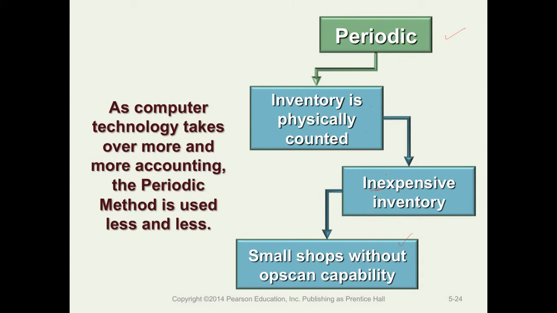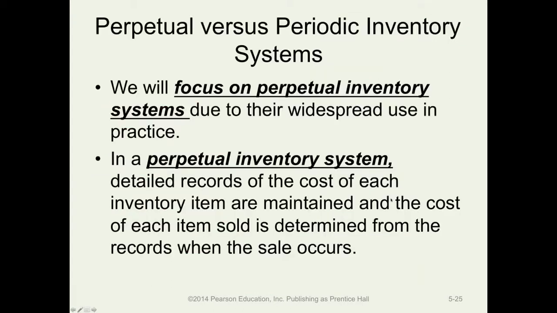Computer technology makes the periodic system less and less popular in practice. So periodic is probably going to be used for companies with very inexpensive or immaterial inventories, and for companies small enough that they would not have a scanner.